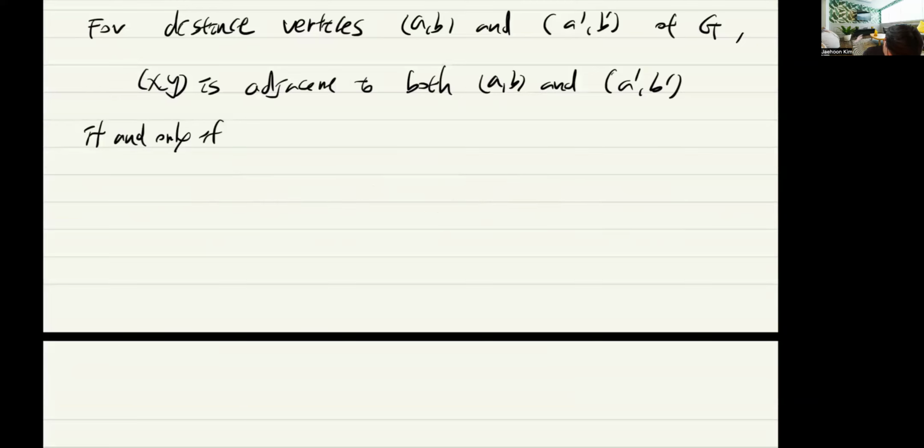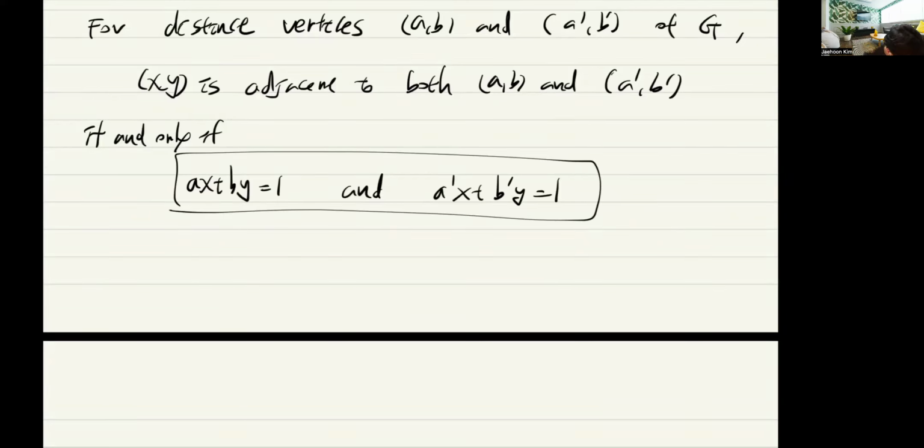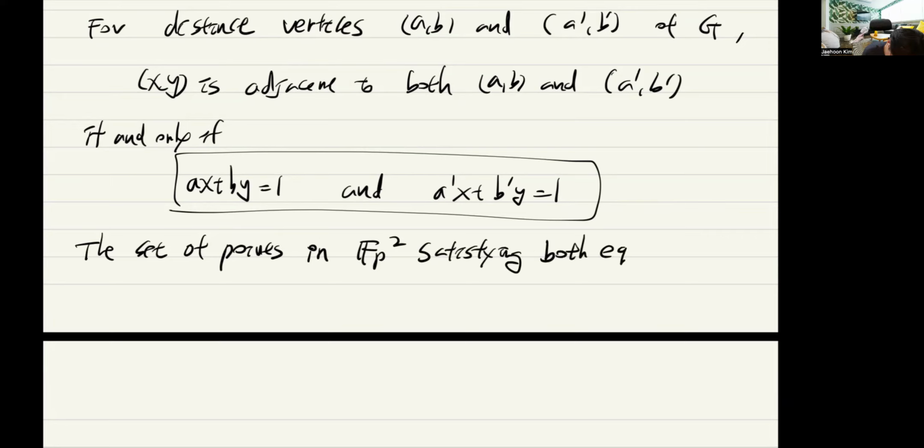So you have two linear equations. Then it's easy to see that the set of points in P^2 satisfying each equation forms a line.